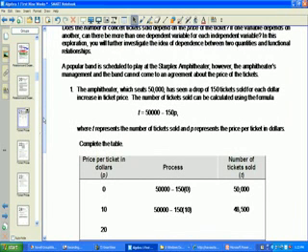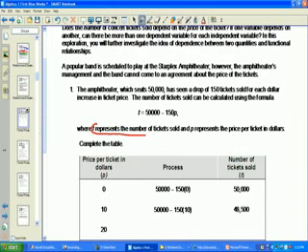So it says the amphitheater, which seats 50,000 people, has seen a drop of 150 tickets sold for each dollar increase in ticket price. So every time they increase it, what's happening to people buying it? They're not buying it, right? So the number of tickets sold can be calculated using the formula, and we discussed that, where T represents the number of tickets sold, so let's circle that.